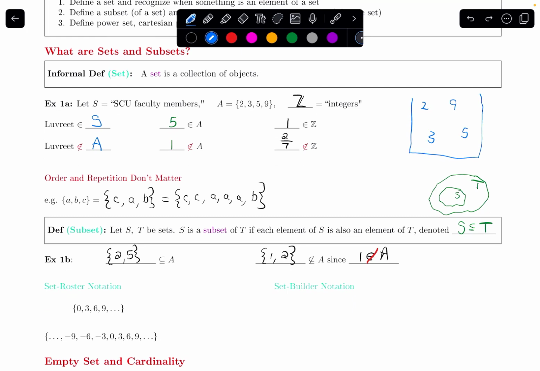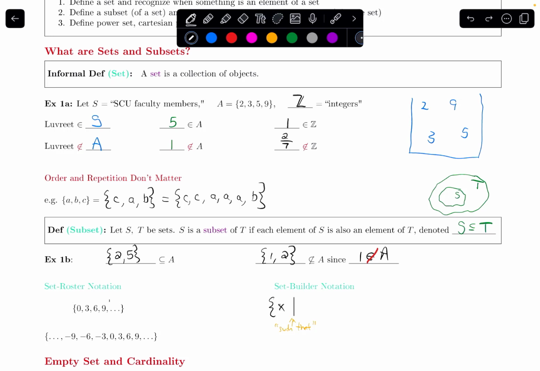There's also what's called set builder notation. In set builder notation, we express this using a formula. So what I'm going to do is put this curly bracket, and then I'm going to introduce a variable, x, that's going to represent an element of my set. And then I write a vertical line, and the vertical line means such that. And then what's going to follow the vertical line is some description of what the elements in my set look like.